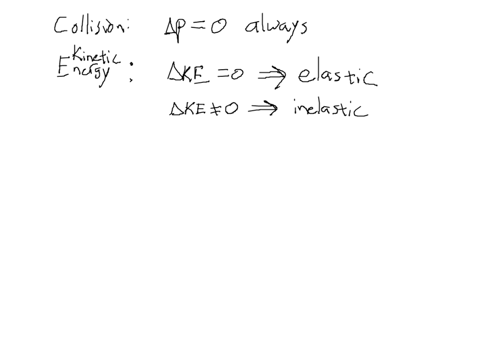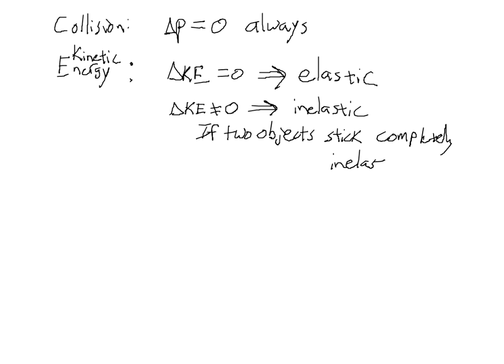And then finally there's a special kind of inelastic collision. If the two objects stick together, then that's a special kind of inelastic collision. We say it is a completely inelastic collision.